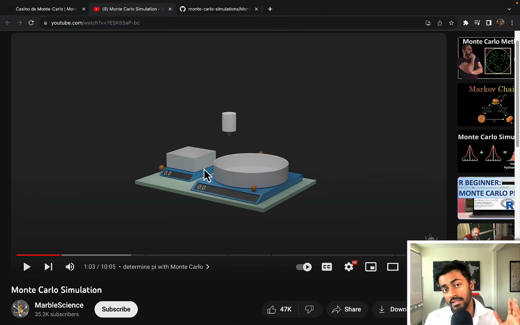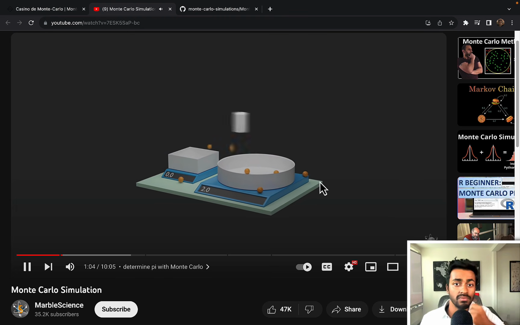So how do we calculate the value of pi? There may be some analytical solutions to do this, but the Monte Carlo way to do this is, let's say that we have a square tray of side 1, and then we have a circle tray of radius 1. And the idea now is to randomly drop a ball onto this rectangle platform so that it can fall either in this tray, or just nowhere else.